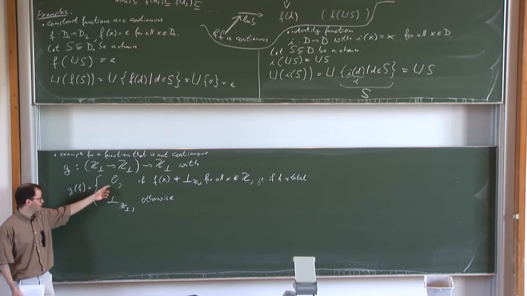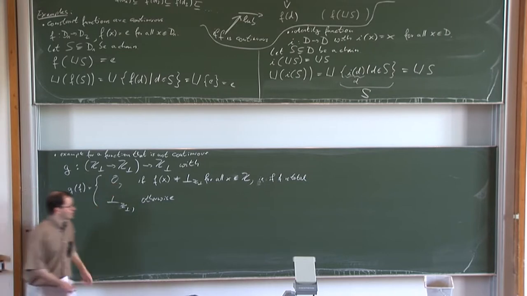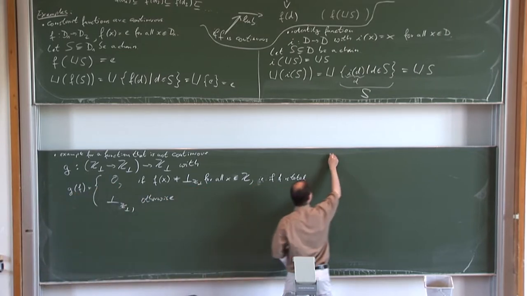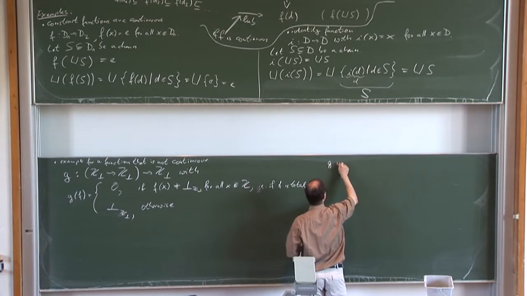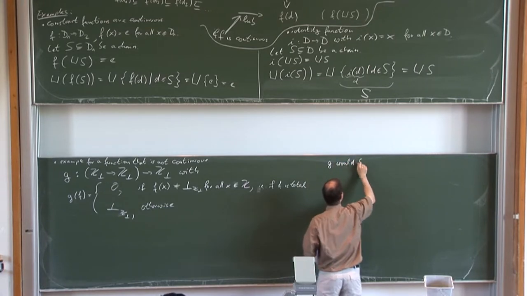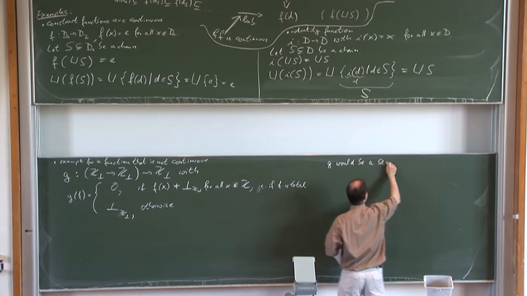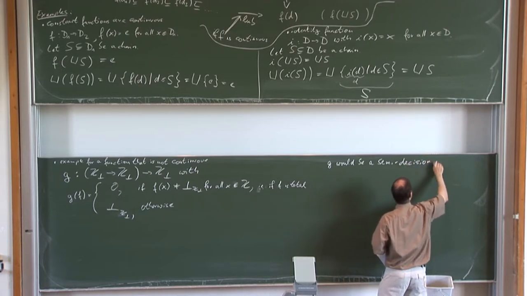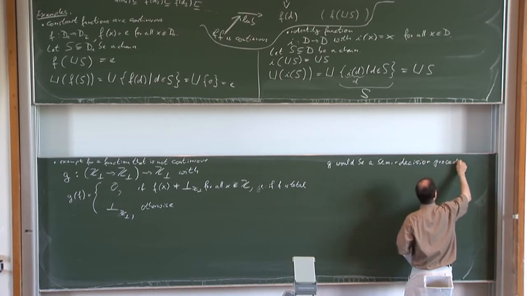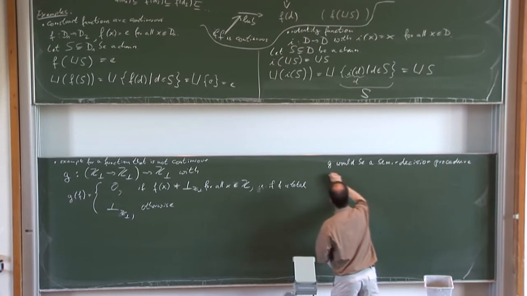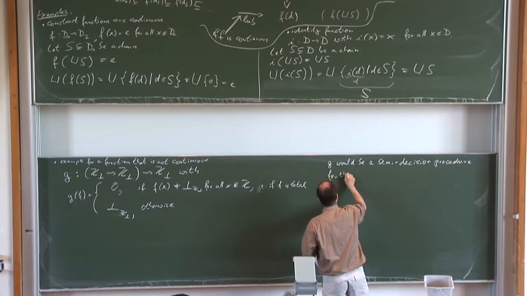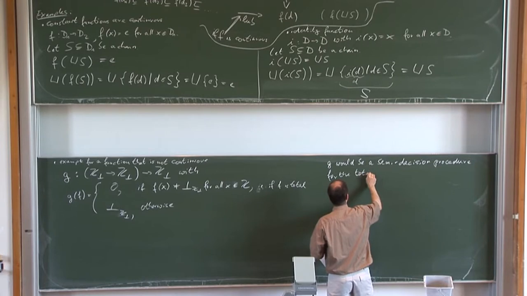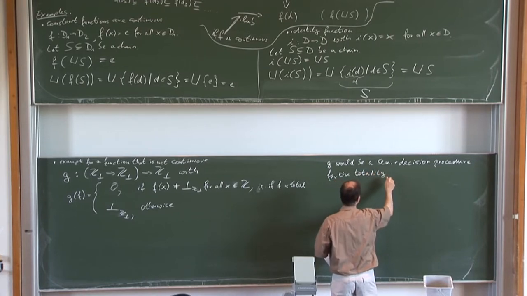It cannot always find out whether functions are total. So g would be a semi-decision procedure for the totality problem, and the totality problem is not semi-decidable.